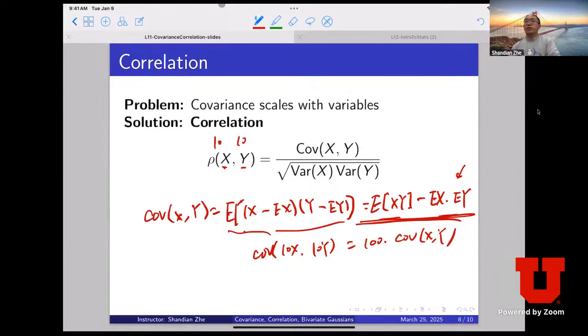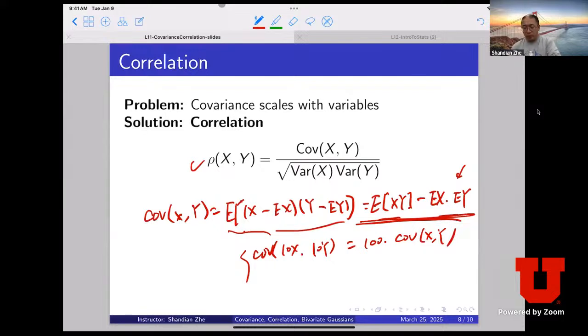It should still be 0.5 rather than 50. Then we don't need to worry about the scaling issues. So that means the covariance definition has some issue: it is not scale invariant.